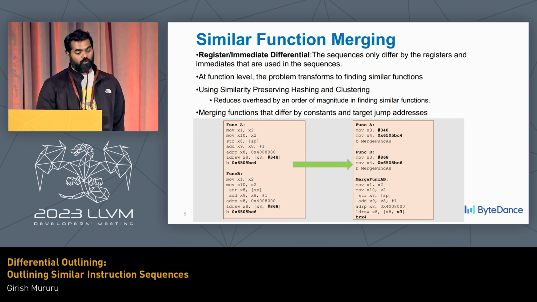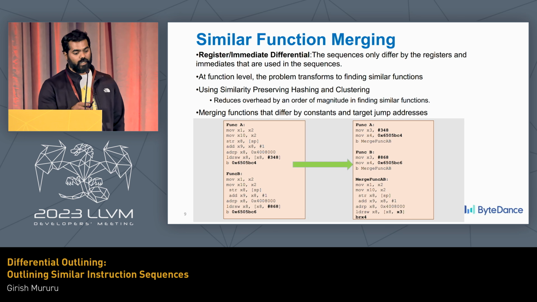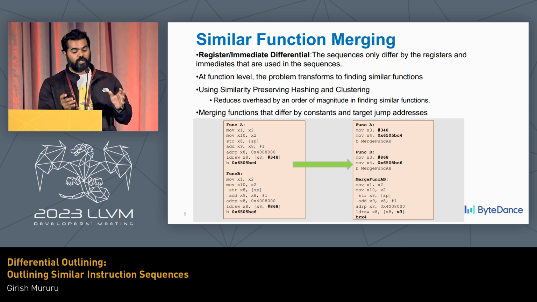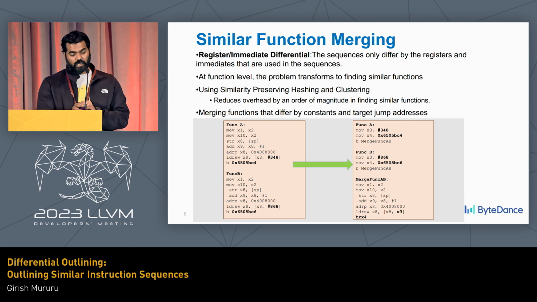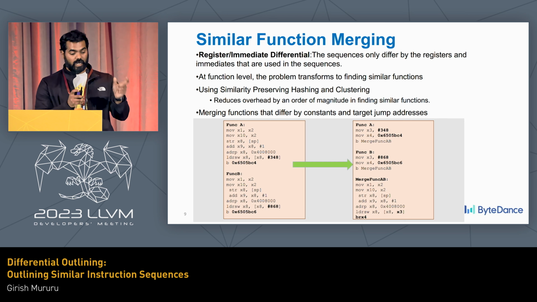And then with register and immediate differential, we saw that if we apply this at function level, then this problem transforms to finding similar functions rather than similar instruction sequences, and we can do function merging. So just using clustering on top of similarity preserving hashing reduced the overhead by 48 times.